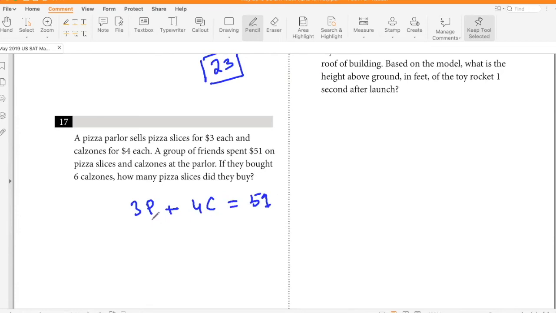Because per pizza slice, you pay $3 and per calzone, you pay $4. And they got 6 calzones. So 3p plus 24 is 51. So 3p is 27 and this would be 9, right? So the number of pizza slices would be 9.